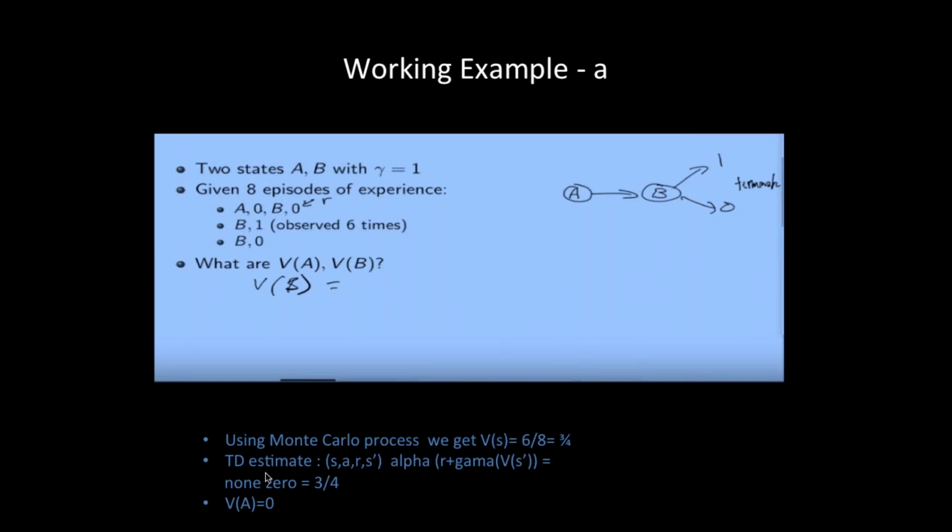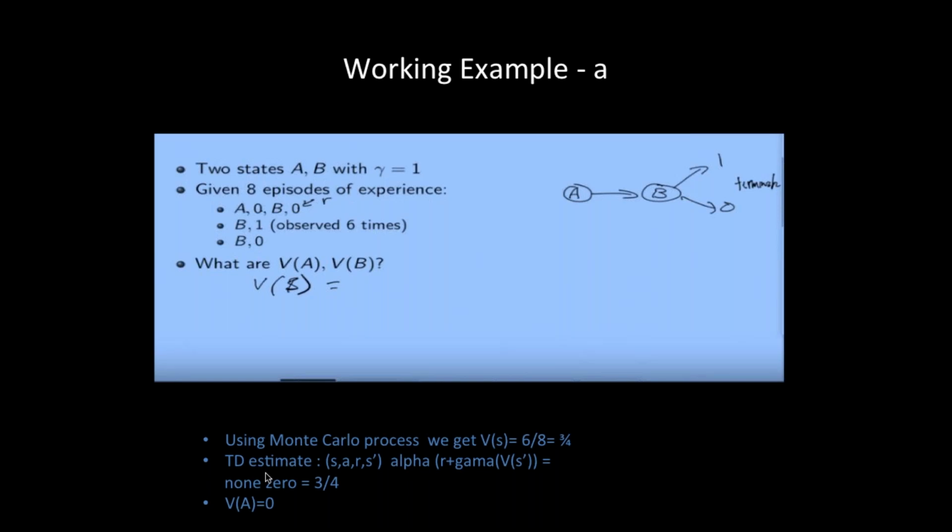VA is 3 by 4 and VB has 6 times 1, 2 times 0.